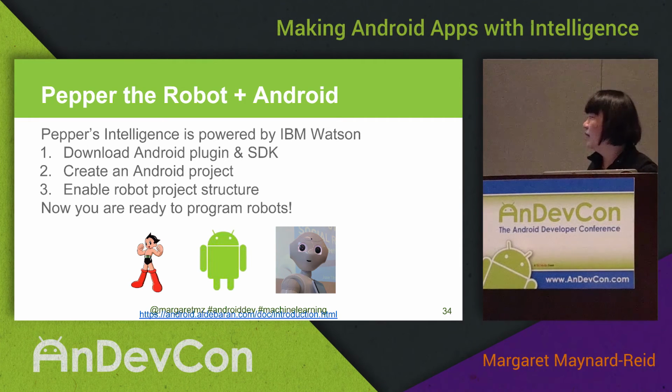I would say right now it's still a bit primitive, especially programming using Android on Pepper the Robot, so it's still much easier using Python than using Android at the moment. But I expect maybe next year or in the future that they will have more capability in their Android SDK.